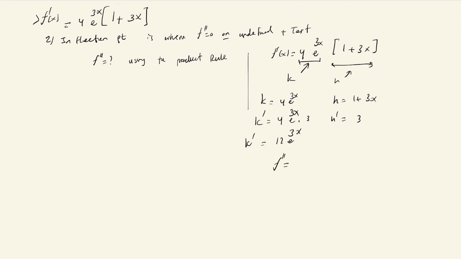So I'm gonna take k prime, multiply it by h, and add it to k multiplied by h prime. So that's gonna be 12e to the 3x multiplied by h, which is 1 plus 3x, then plus k, which is 4e to the 3x multiplied by h prime, which is just 3.